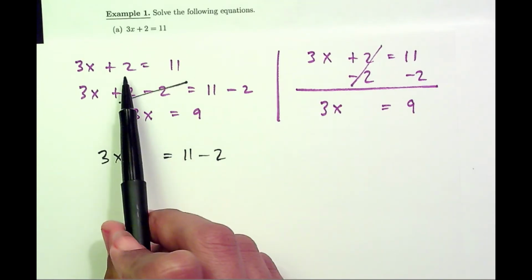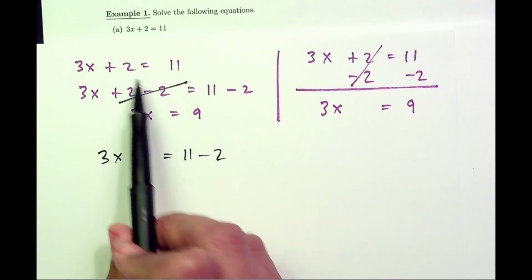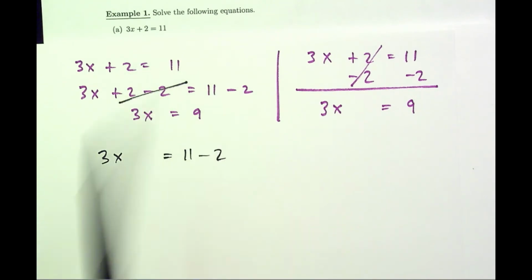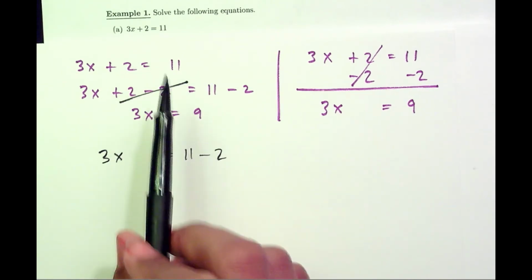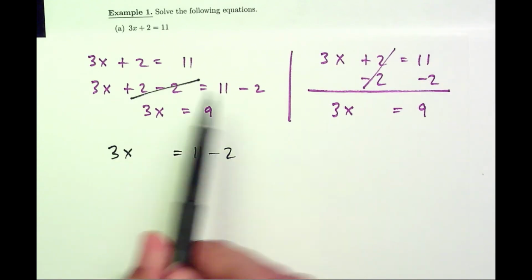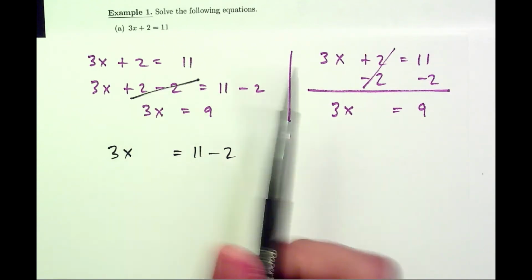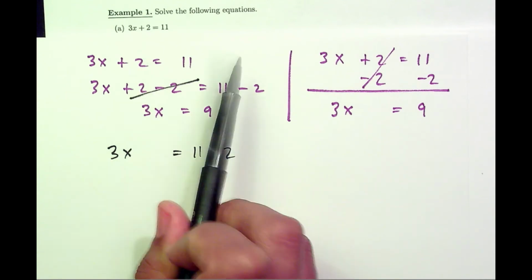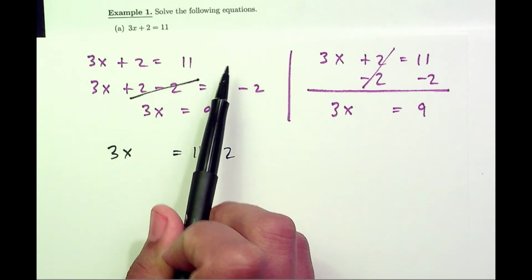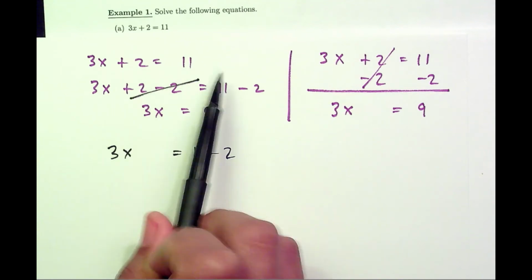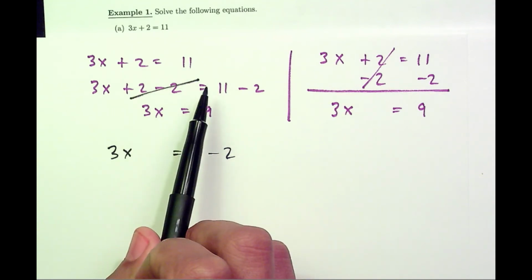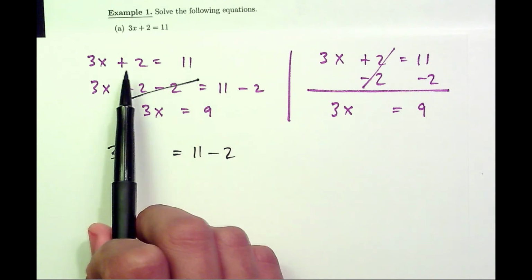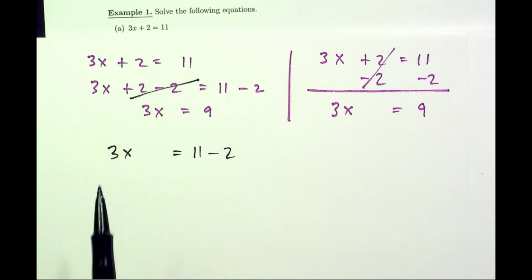For visual purposes, I like saying that the 2 moved to the other side, like you throw it over the fence. I imagine the equal sign is like a fence. When you throw it over the fence, it changes sign. It changes the operation. So if it was a plus 2, it would become a minus 2.